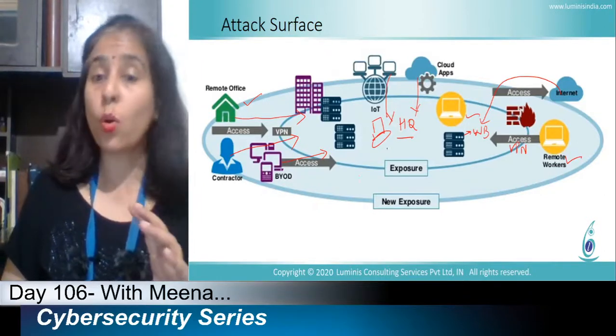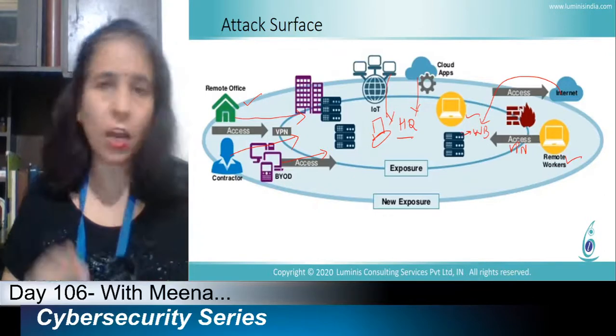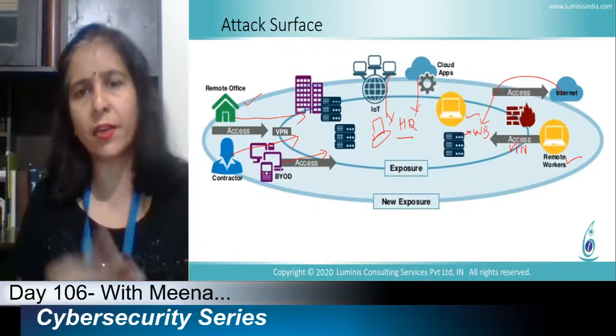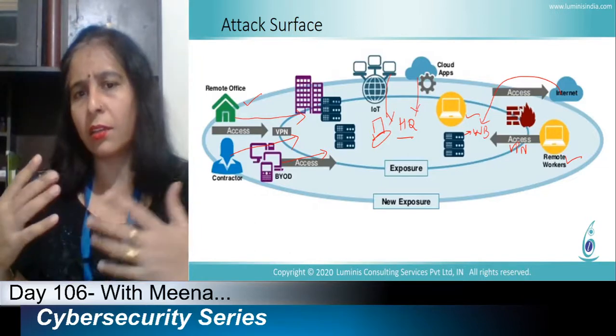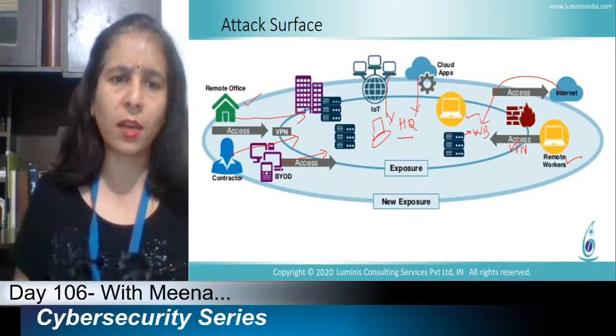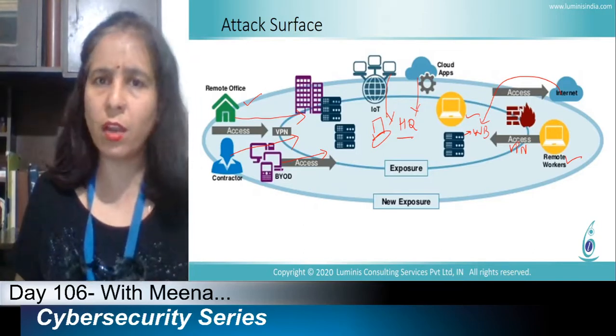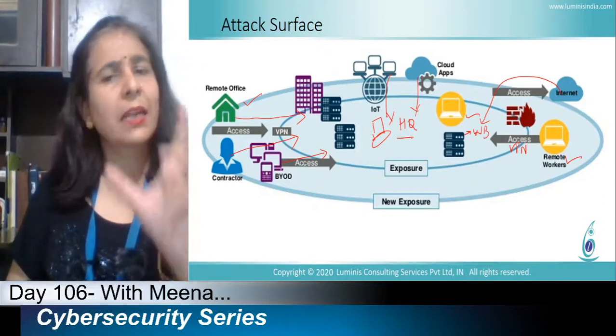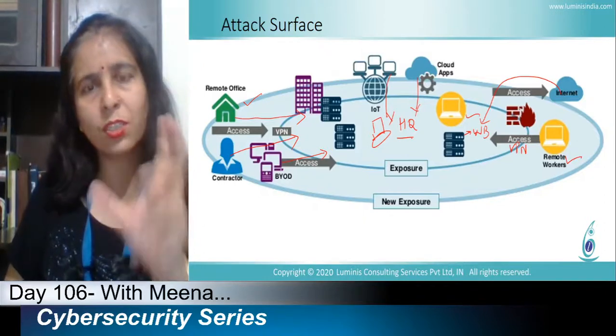So if we are not able to understand what the entry points are, what ways an attacker can perform an attack on our corporate network, then how will we be able to secure it? That's why knowledge of the attack surface is very important.